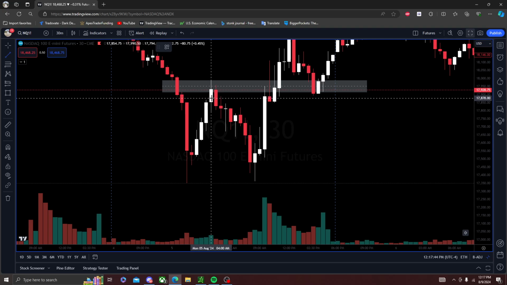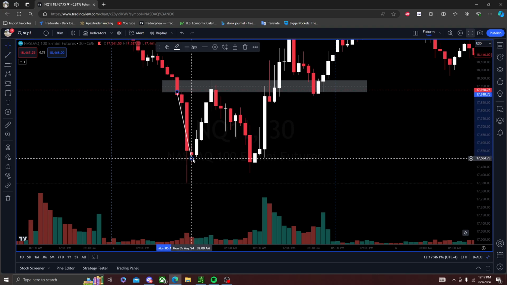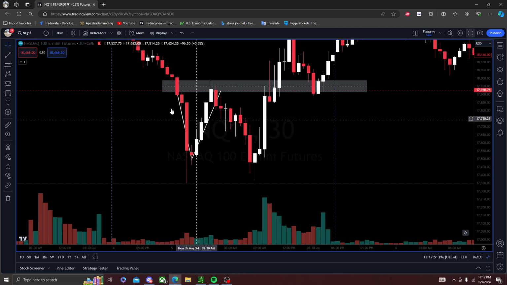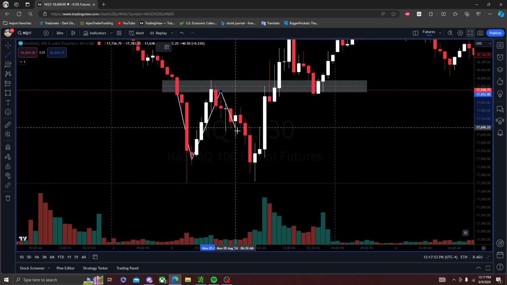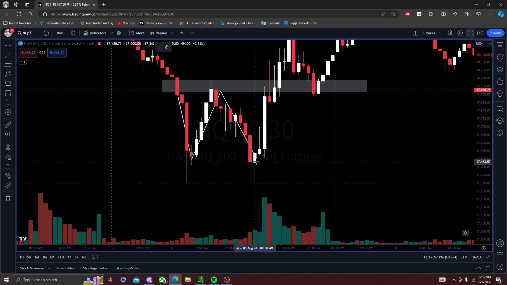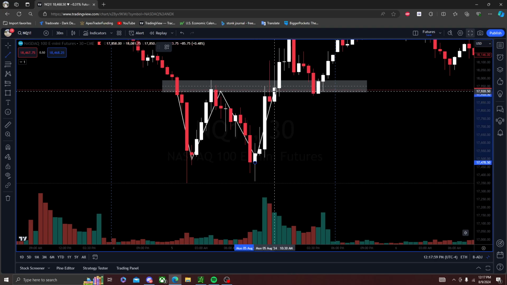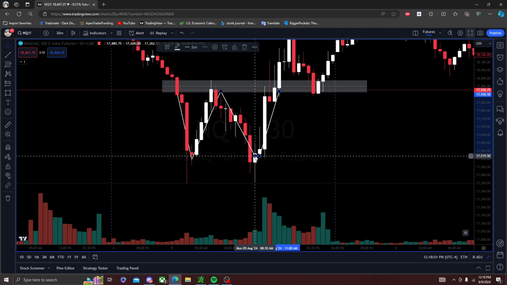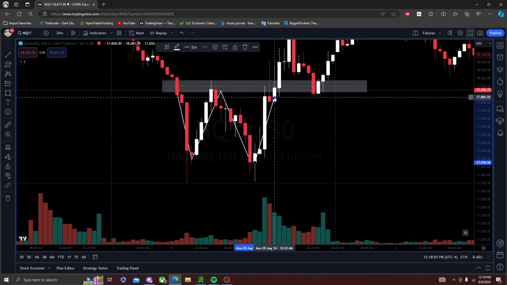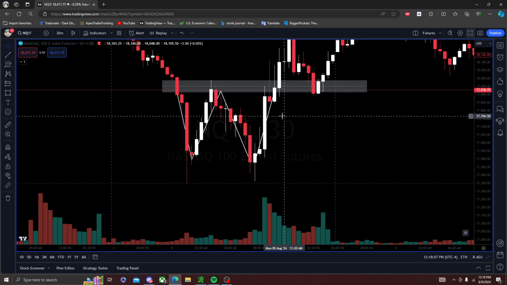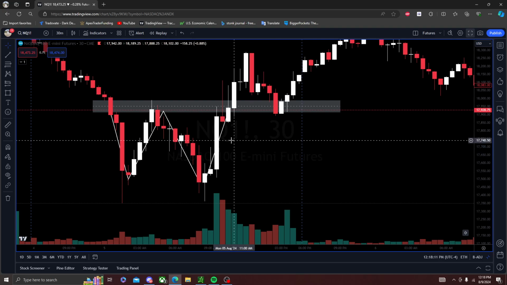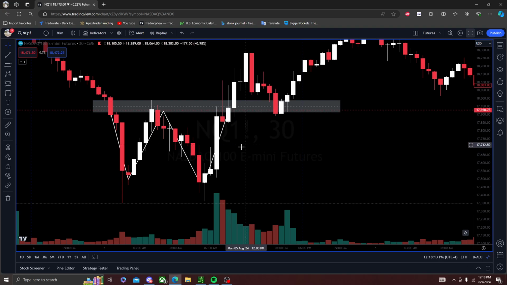So we first identify the W setup or inverse McDonald's, right about here. And then this is where we would draw our flagpole almost. We're going to use the same method of duplicating some type of pole or some type of move to determine our target.